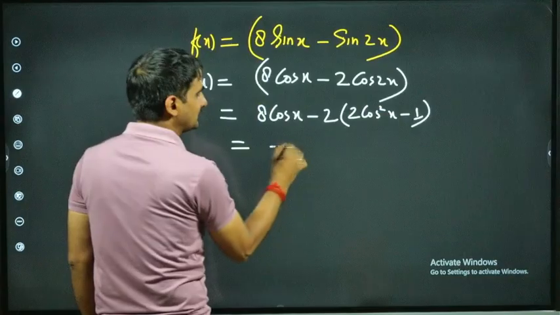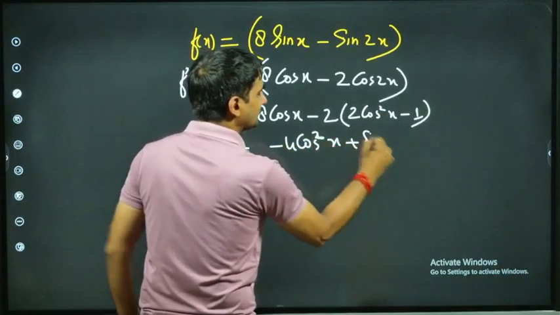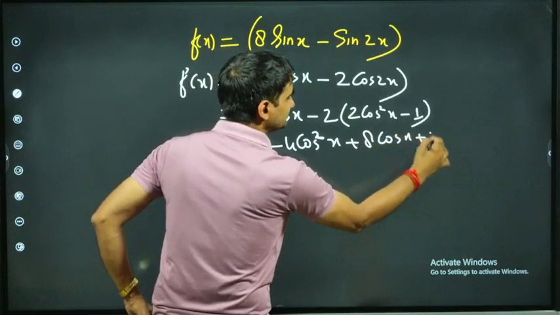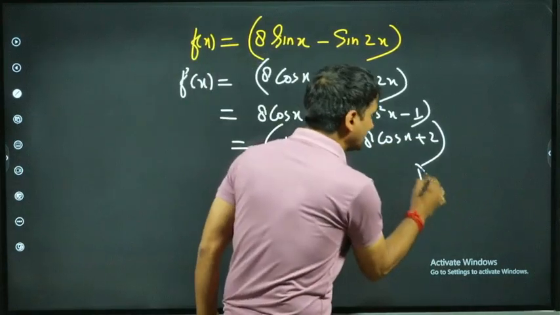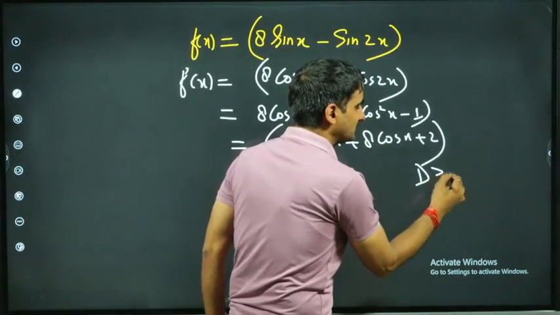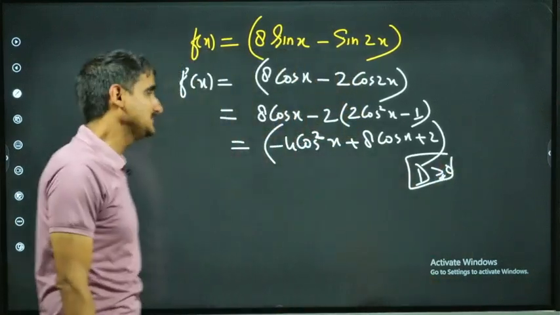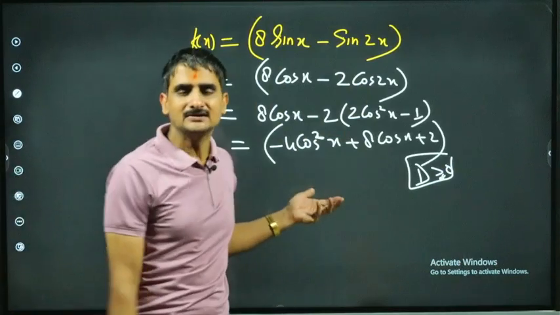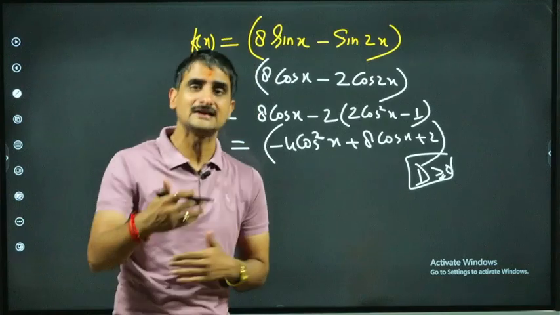So that gave us minus 4 cos square x plus 8 cos x plus 2. Now unluckily its discriminant came out to be greater than 0. What does that mean? That means there is a sign change. It's not throughout positive or throughout negative, since f dash x has a sign change.